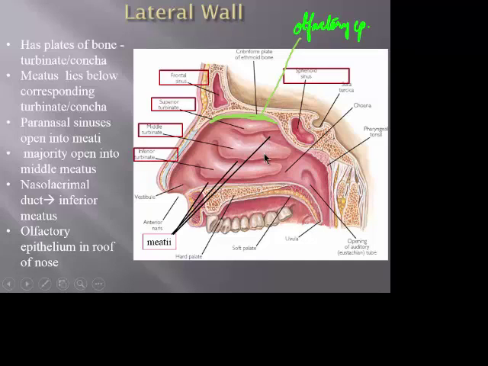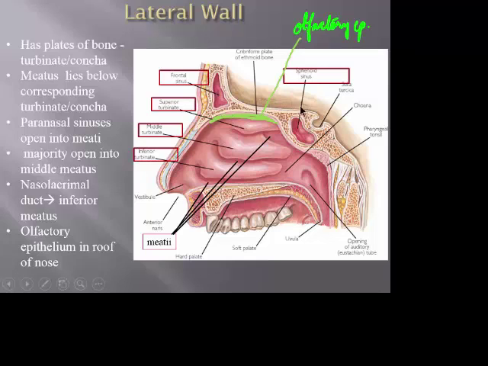So in the meati, surrounding your nasal cavity are sinuses. I mean, you've all probably suffered from a sinus infection at some time or other. These sinuses surround your nasal cavity, and in ANP1, you saw in the bones that you had these sinuses. The four bones that had the sinuses, which we'll see in the next slide, were the frontal bone, the ethmoid, the sphenoid bone, and the maxilla.